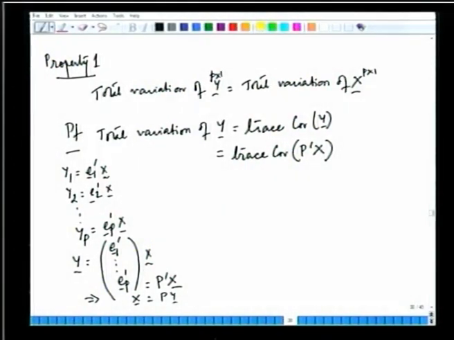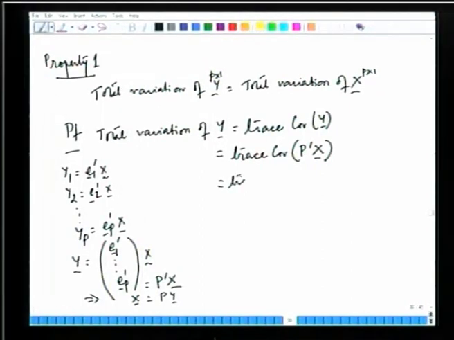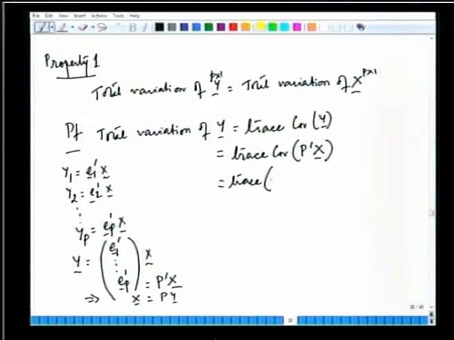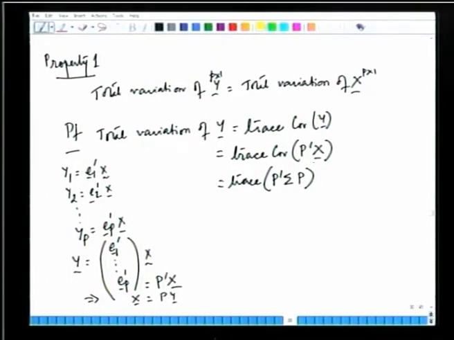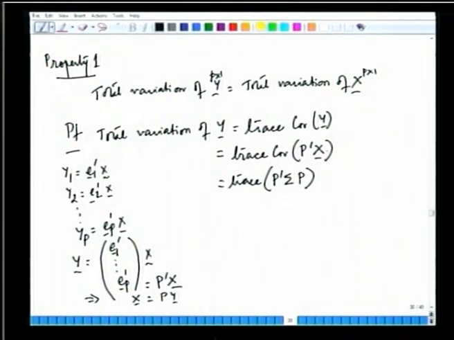Because I know the variance covariance matrix of x, and trace of covariance of this is trace of P transpose sigma P, because I have taken sigma as the variance covariance matrix of the random variables x. Now I use the spectral decomposition of sigma, P D lambda P prime.